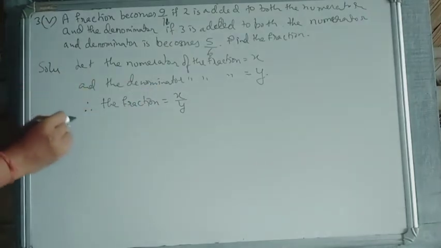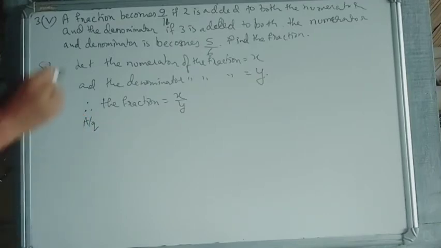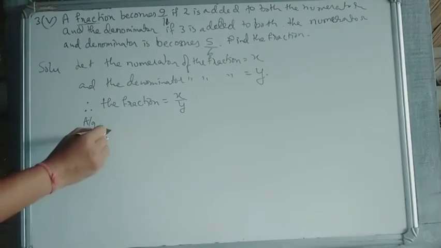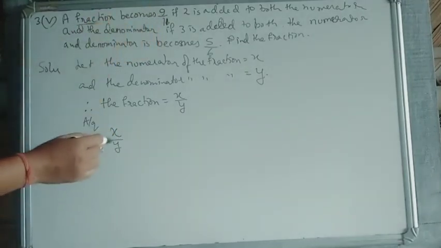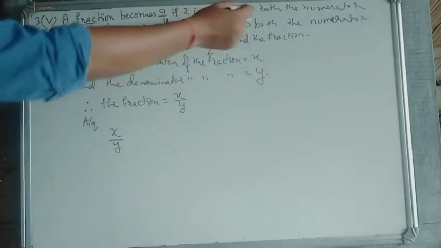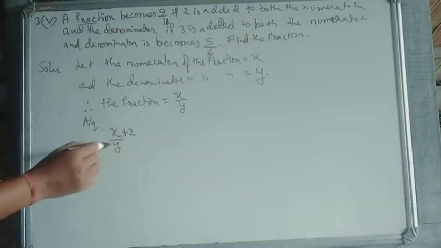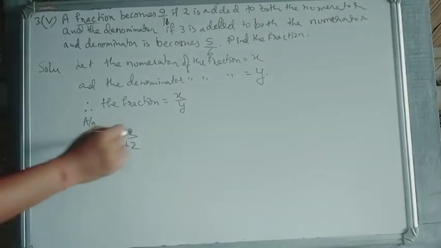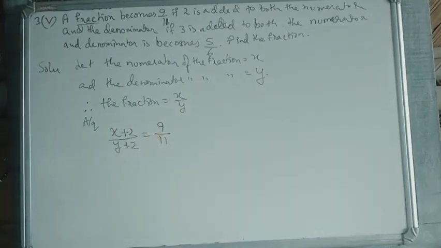Now according to the question, if a fraction, suppose this is your fraction x by y, will become 9 by 11 if 2 is added to both the numerator and denominator. What happened here? 2 is added to the numerator also, and 2 is added to the denominator also. So it will become 9 by 11. This is your question.